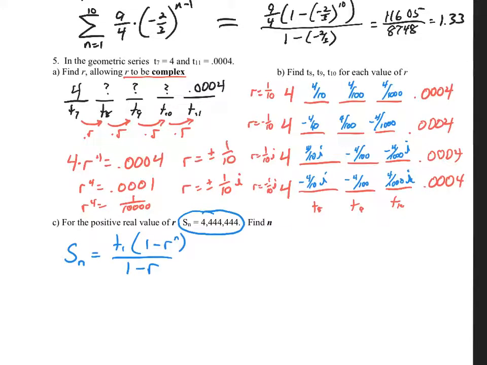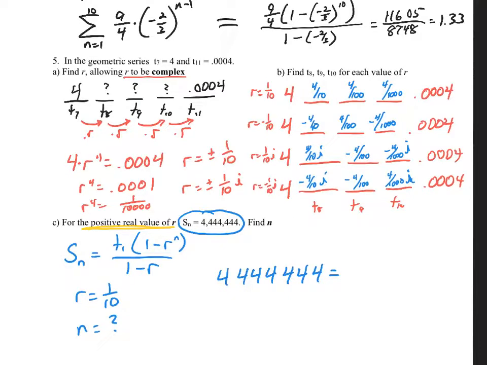And we are using, it says, the positive real value of r. That means that r would be 1/10. That would be my positive real value. I do know that n is unknown, right? We don't know what that is. We do know that the sum is 4,444,444.